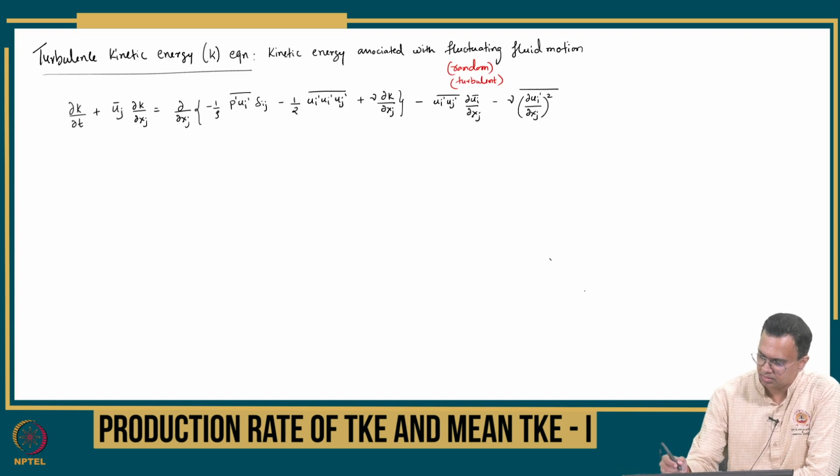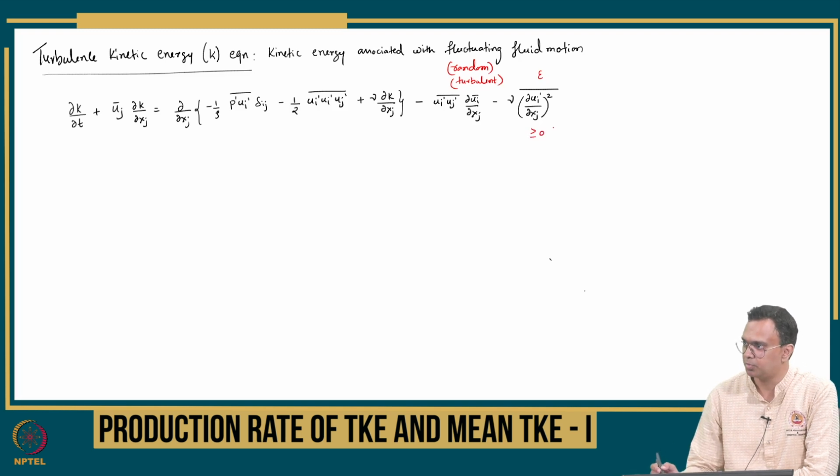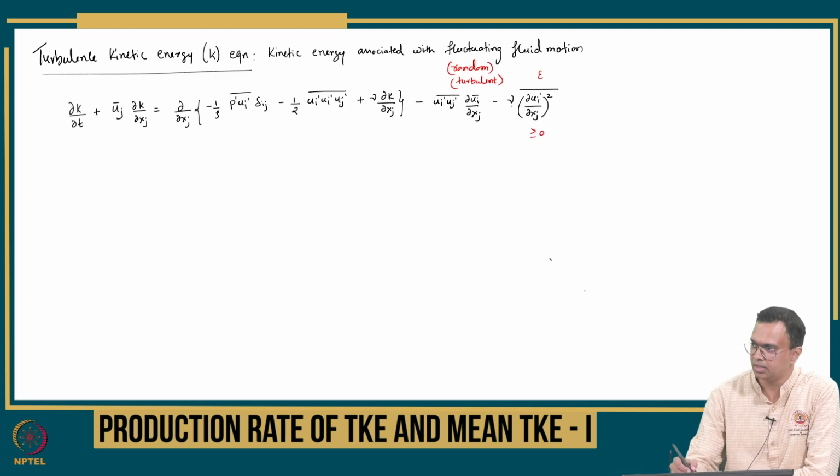This particular term is what we also define as epsilon, and this is always greater than or equal to 0. It's positive, and there is a negative sign, and therefore this is a negative rate of change of turbulence kinetic energy in the system. Therefore the name dissipation rate.